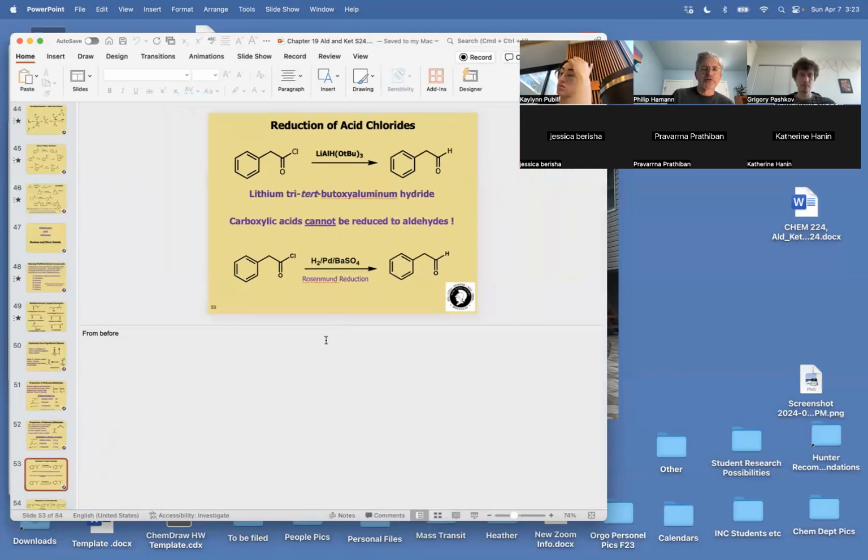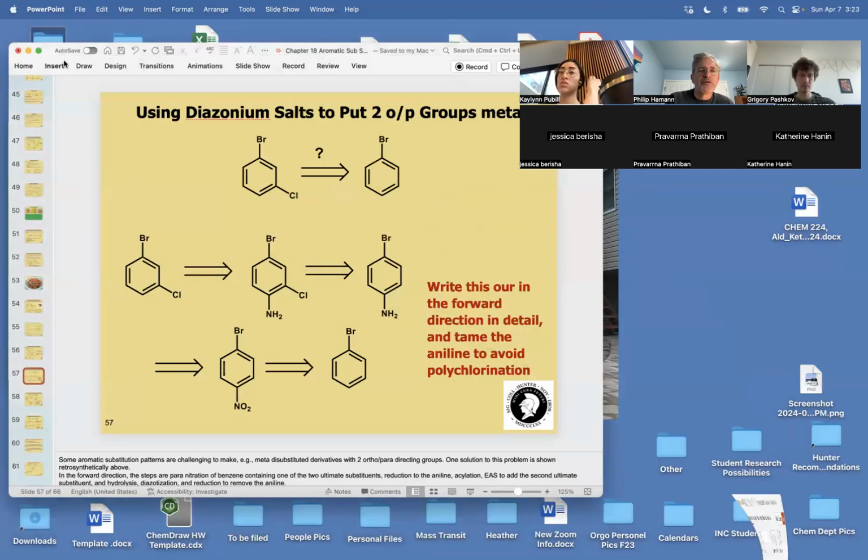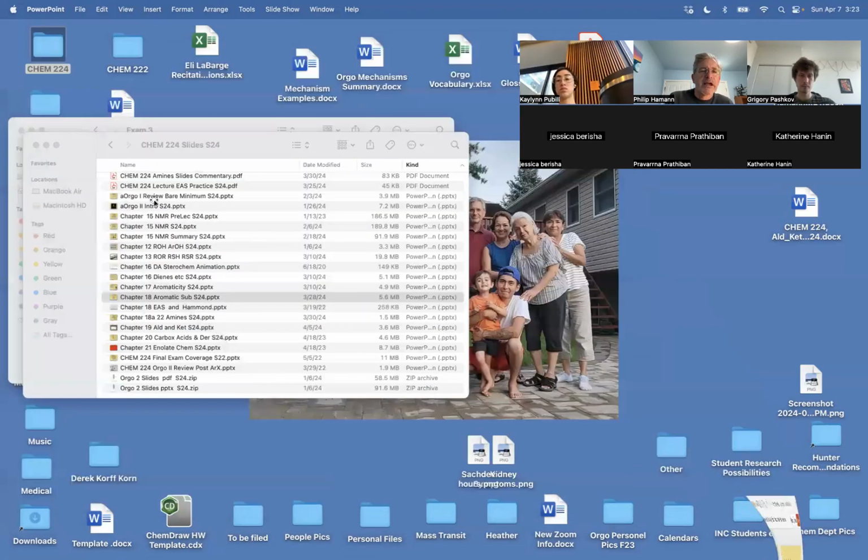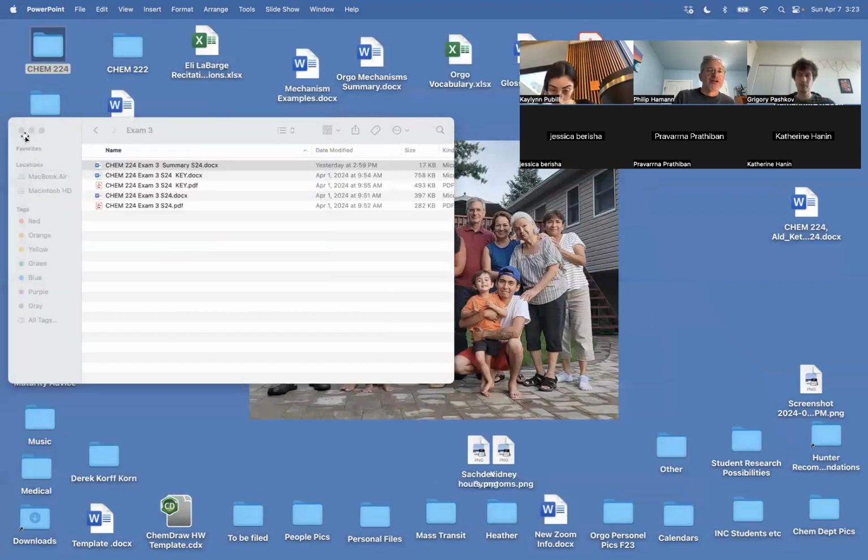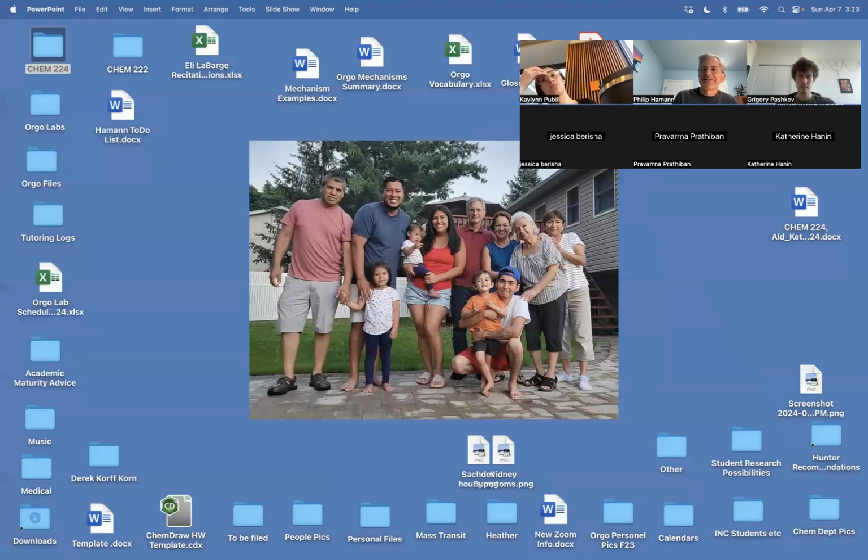Oh, this is in the most recent version of my slides. Okay. Well, they'll do for today. Yeah, I found a method to directly reduce a carboxylic acid to an aldehyde. I'd always intended to find one. It's quite the challenging reaction. Yeah, I don't know where I have my most recent slides.